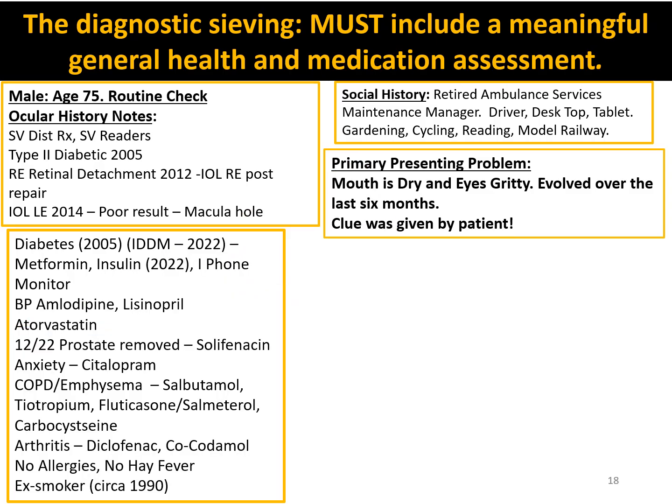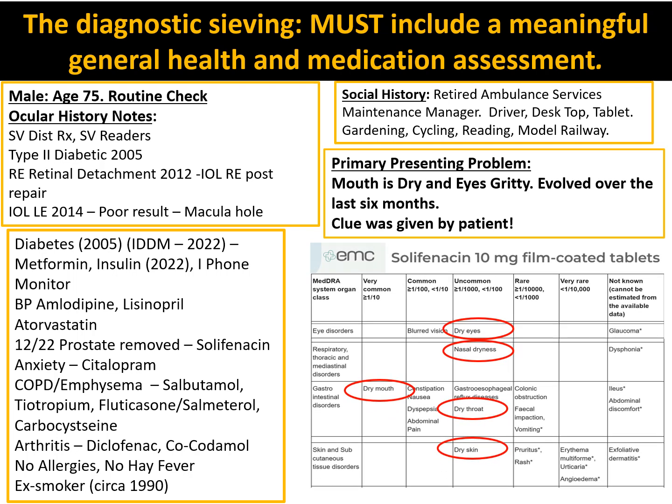The patient suggested the symptoms evolved over the previous 6 months and felt it started at about the time he was prescribed solifenacin. This observation is clearly a red flag and warranted investigation. So for solifenacin, Electronic Medicines Compendium report dry mouth, dry eyes, nasal dryness, dry throat and dry skin as very likely.